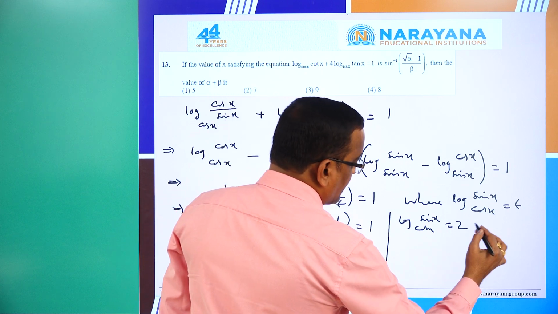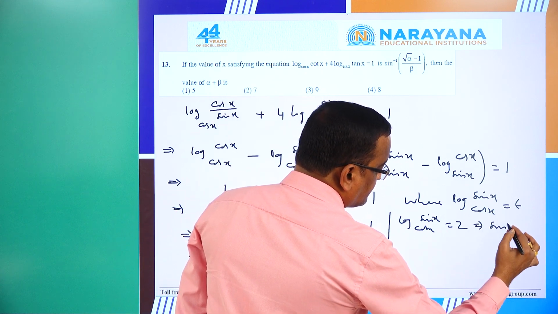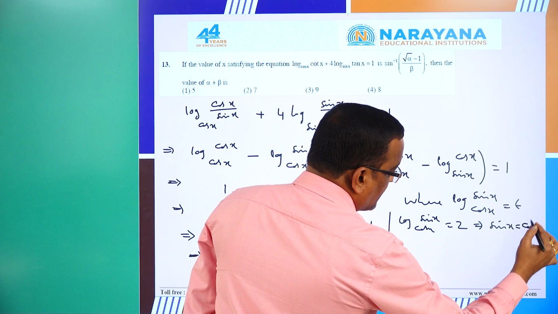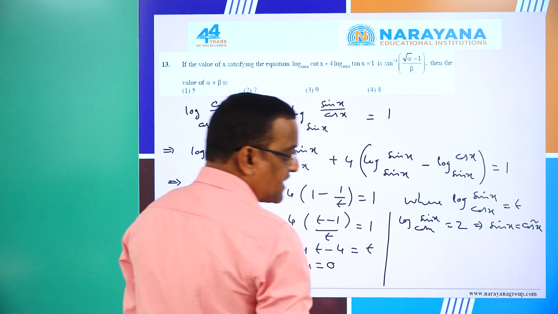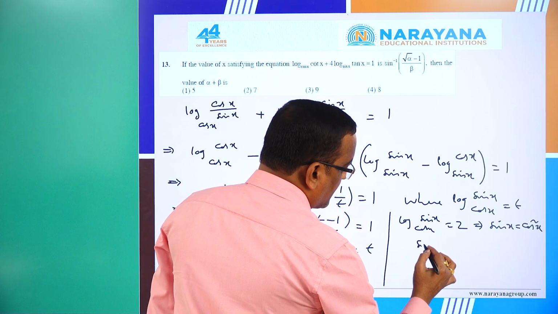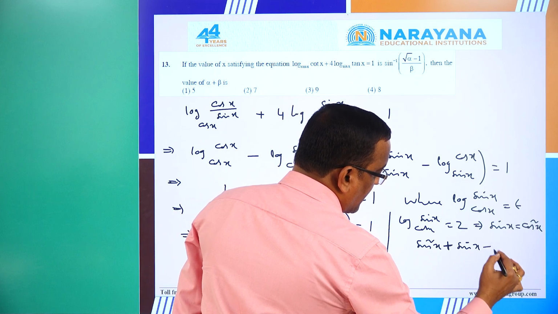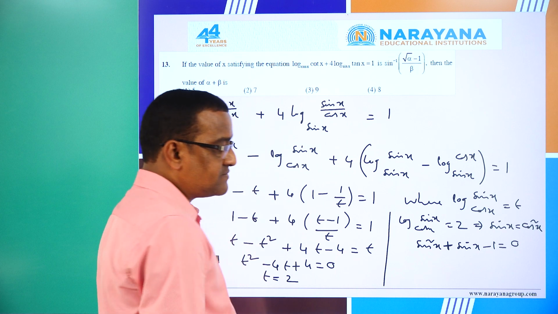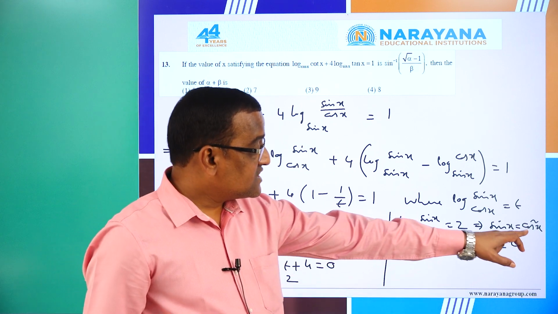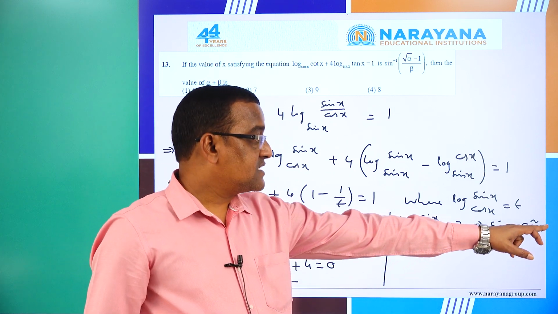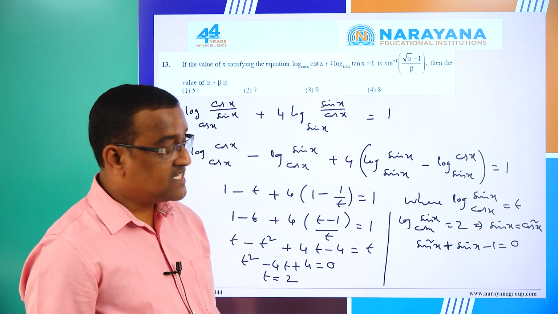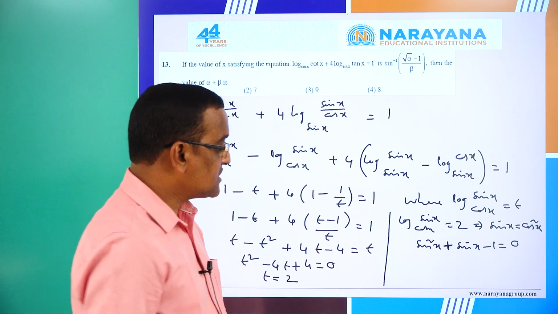From this we get sin x is equal to cos square x. And write this cos square x as 1 minus sin square x. We get a quadratic: sin x is equal to 1 minus sin square x. Taking that 1 minus sin square x this side, it is sin square x plus sin x minus 1 equals 0.